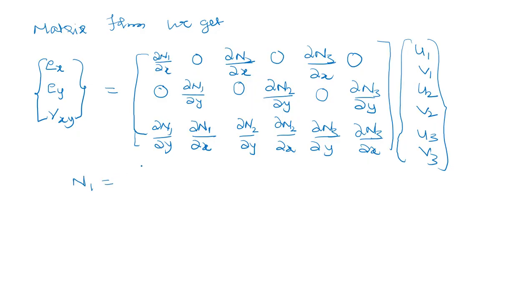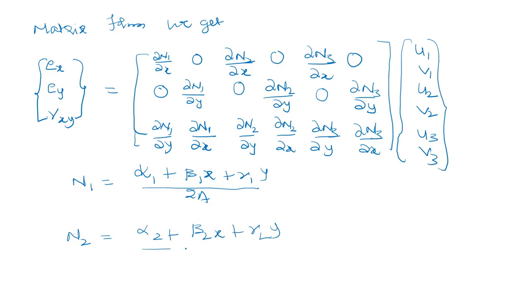Shape function. What is N1? Alpha 1 plus beta 1 x plus gamma 1 y divided by 2A. Similarly, N2: alpha 2 plus beta 2 x plus gamma 2 y divided by 2A.